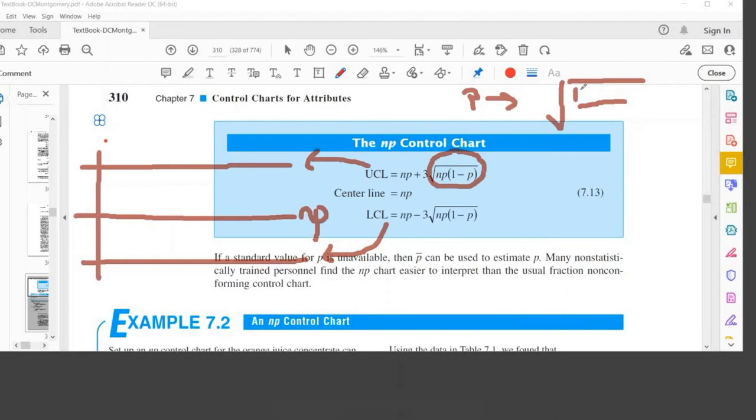We have p, 1 minus p, divided by n. But in this case, directly np, so you see the p here is the same, p(1 minus p) and this n goes up on top, because we want to get the number.